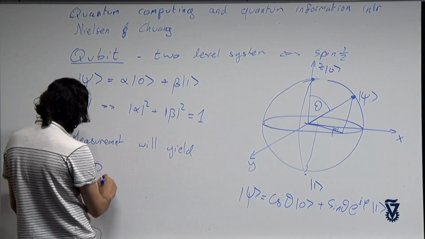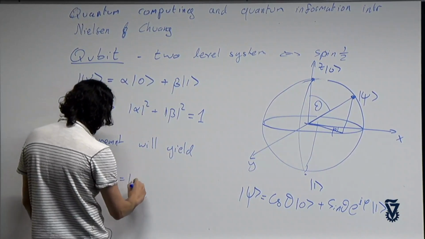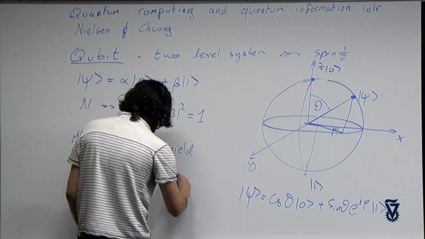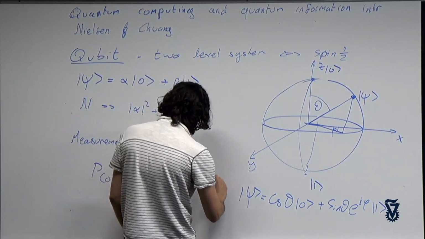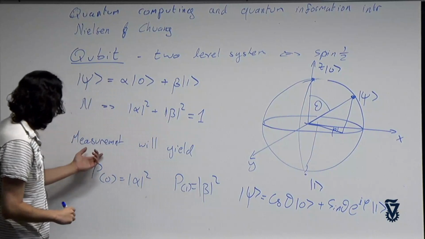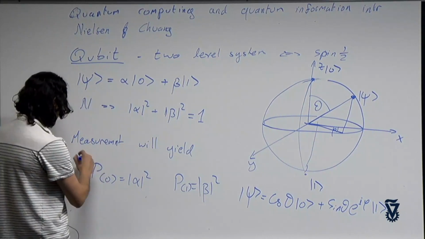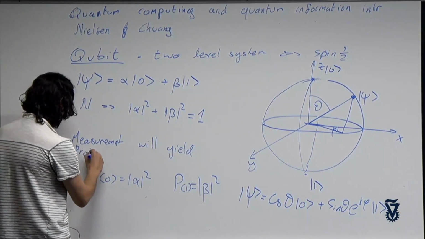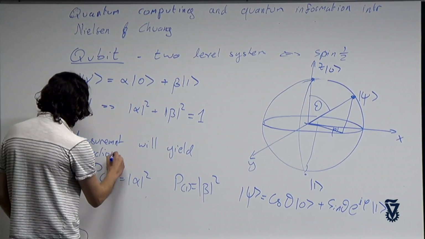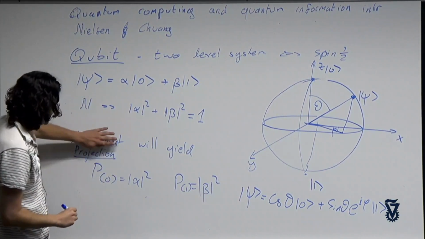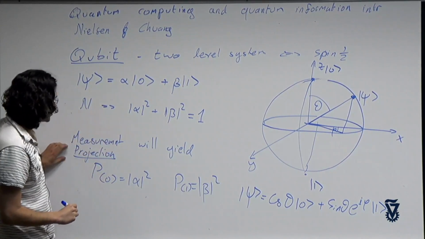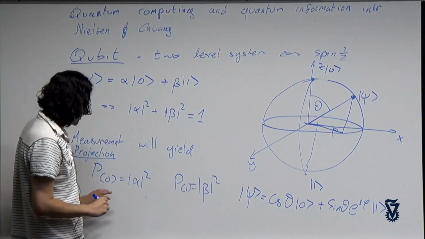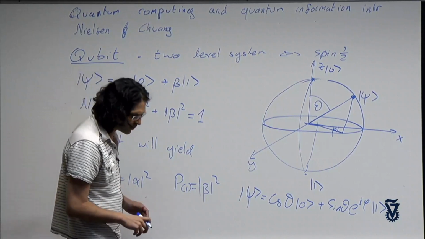It will either yield 0, and the probability for 0 is |alpha|^2, or it will yield 1, and the probability of 1 is |beta|^2. And the implicit assumption is that this measurement is actually a projection. So maybe measurement is the wrong word. We're talking about a projection. So when you project the system, you will get either 0 or 1, and these will be the probabilities.